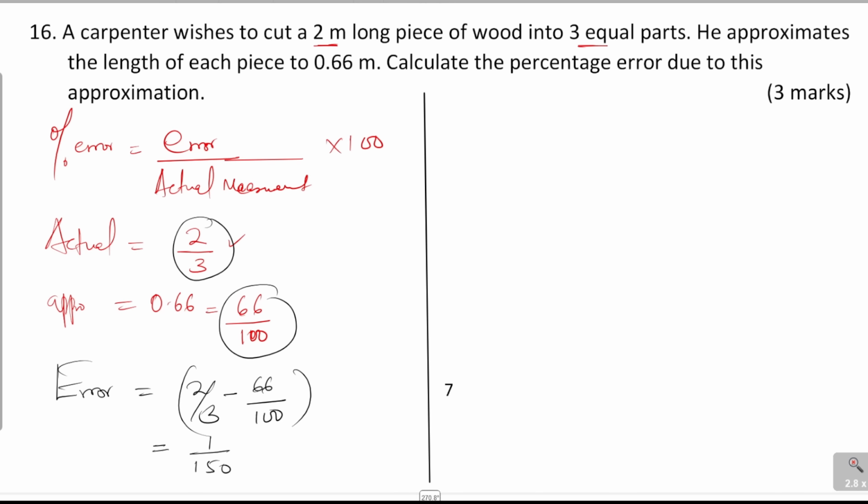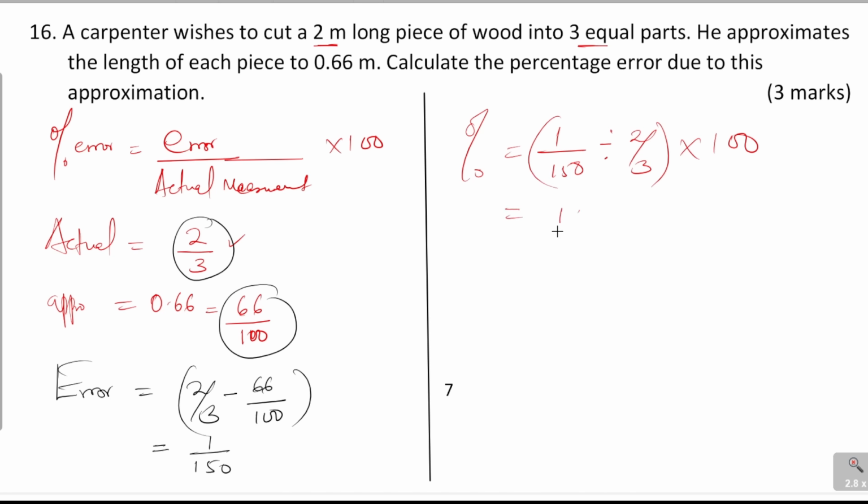Now we can proceed and get the percentage error. The percentage error will be given by the error, which is 1 divided by 150, then divided by the actual measurement, which is 2/3, then multiply by 100. So the error divided by the actual measurement times 100.